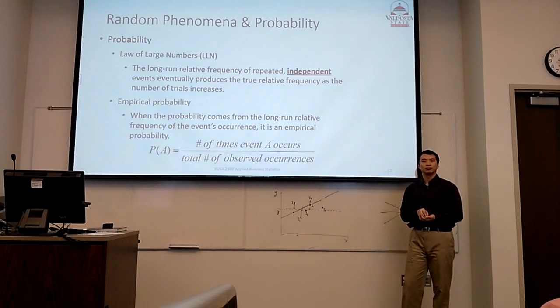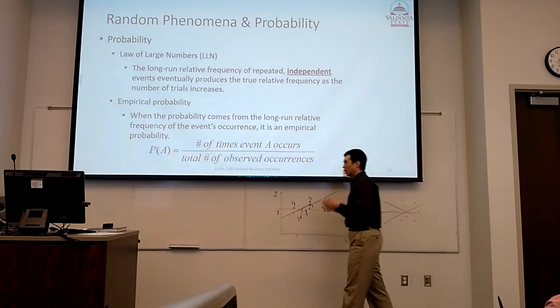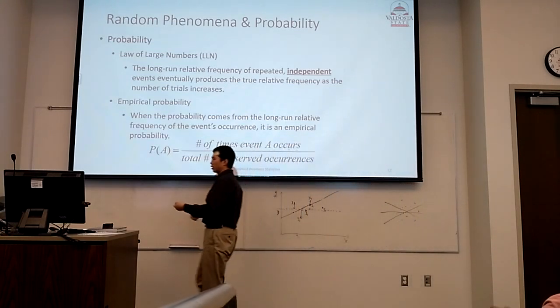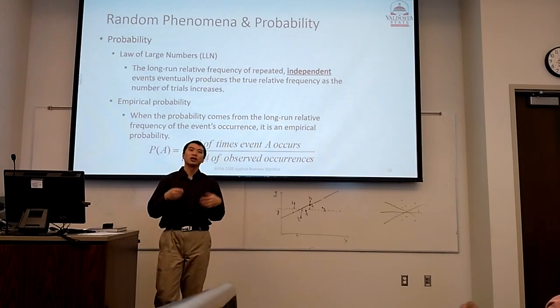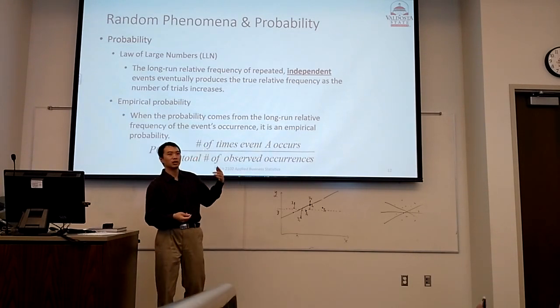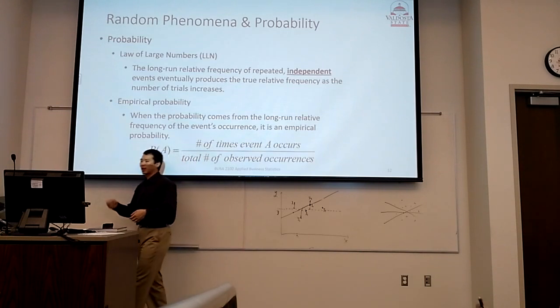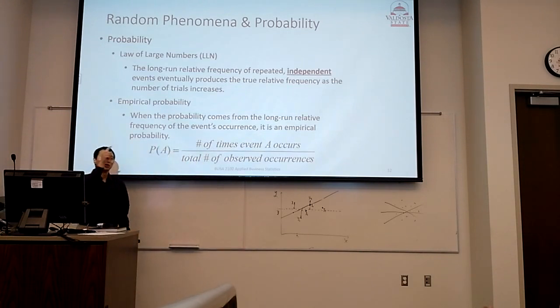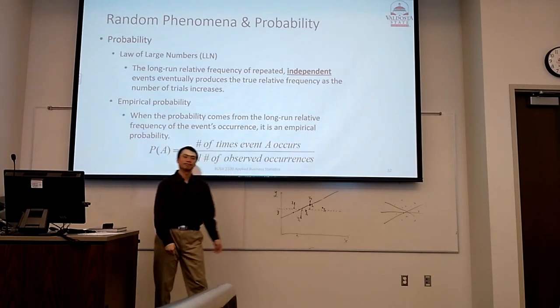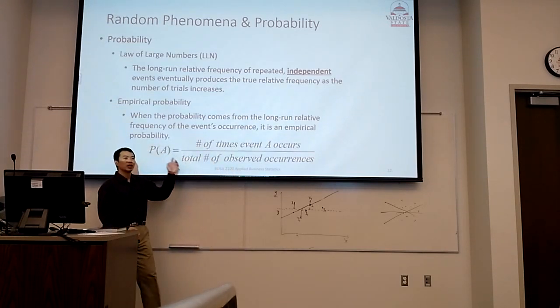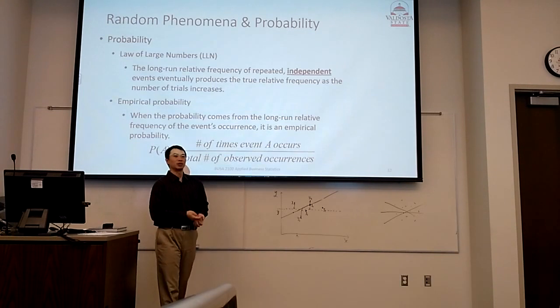So tossing the coin, if you toss the coin 100 times, you get 49 heads. Then the probability of getting a head is equal to 49 over 100, 49%. So it comes from the actual experiment.